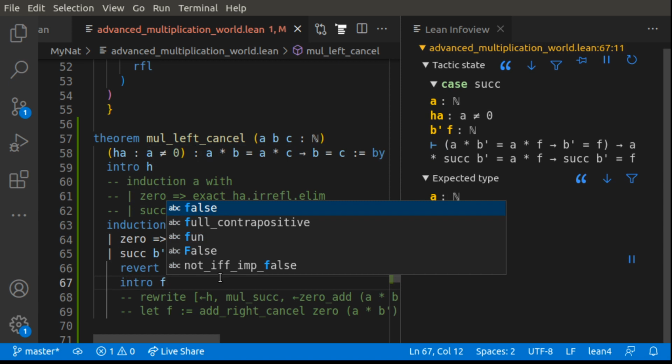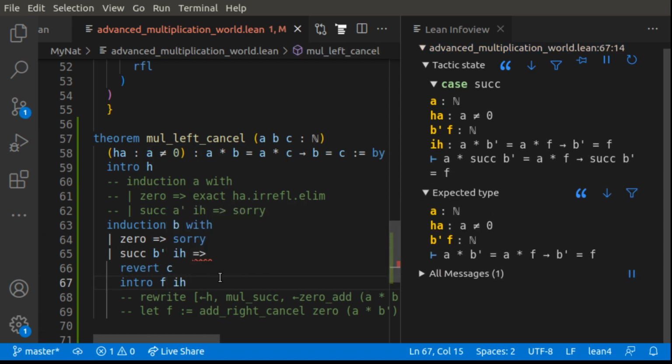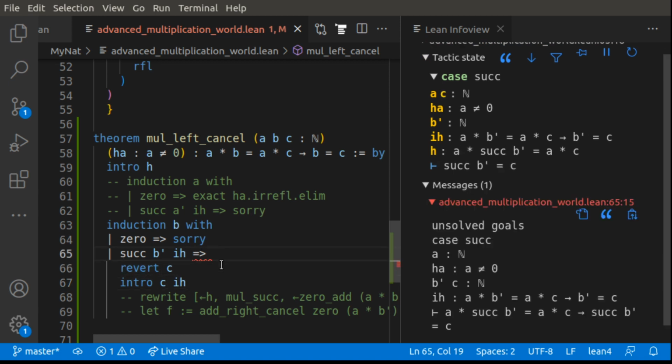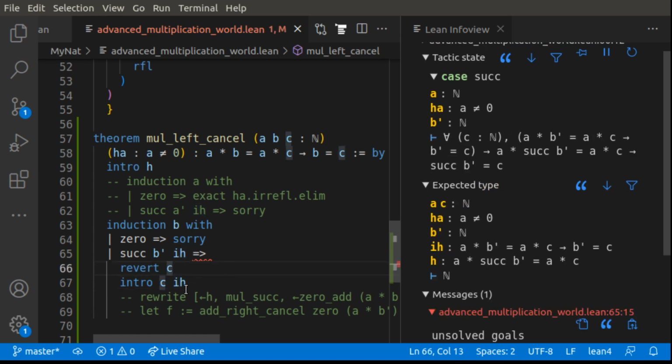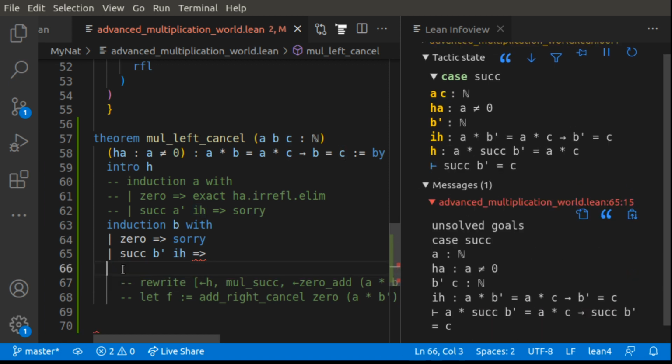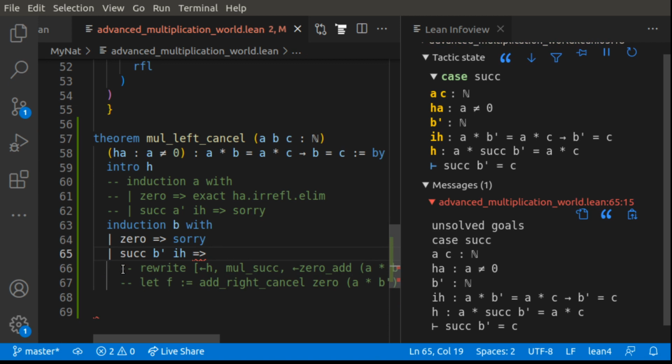Intro. Equals C, successor of B equals C. Yeah, okay, I'm not too sure what this revert stuff means.